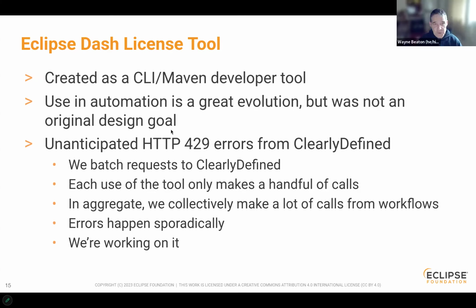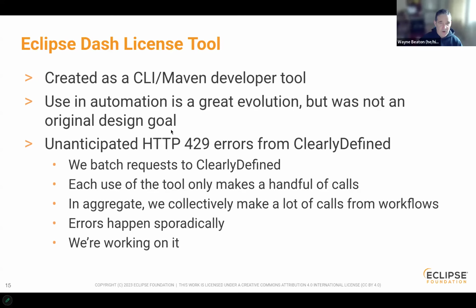The Dash license tool batches the requests that we make to ClearlyDefined into groups of 500 IDs. So for most of our projects, we're calling ClearlyDefined 5 or 6 times.